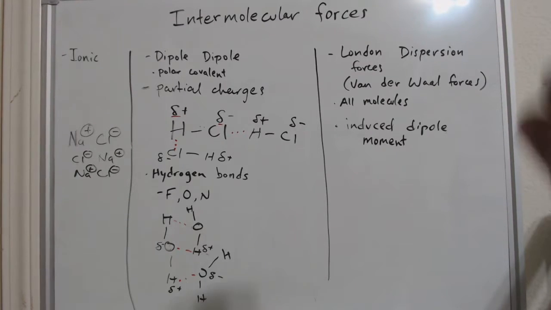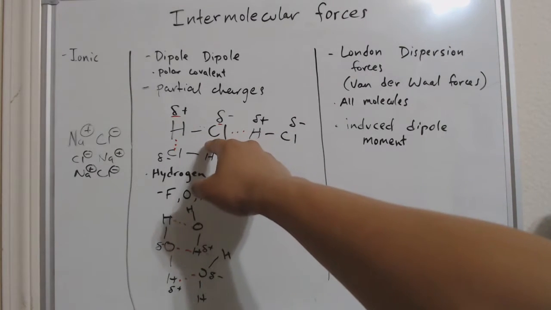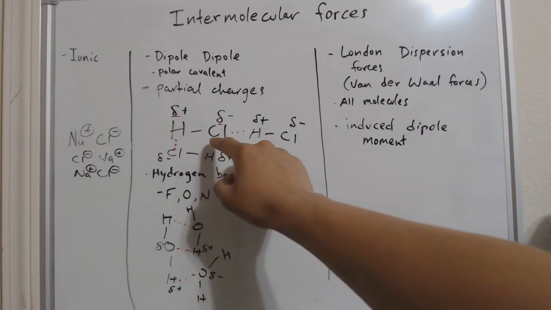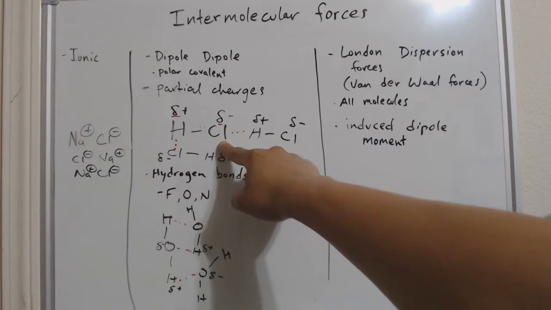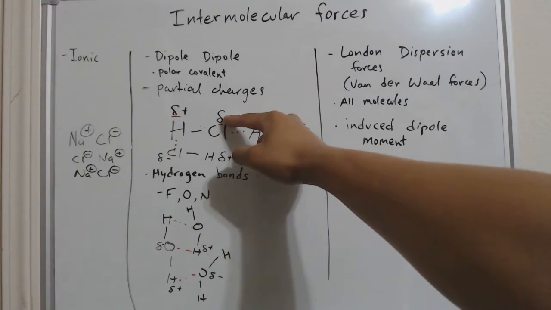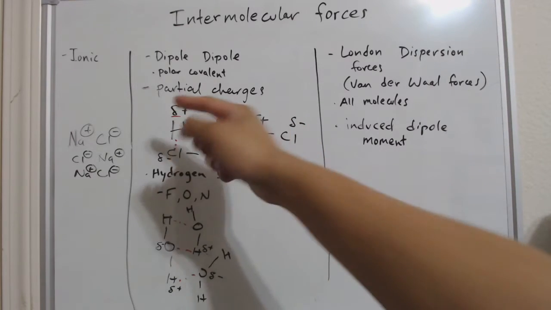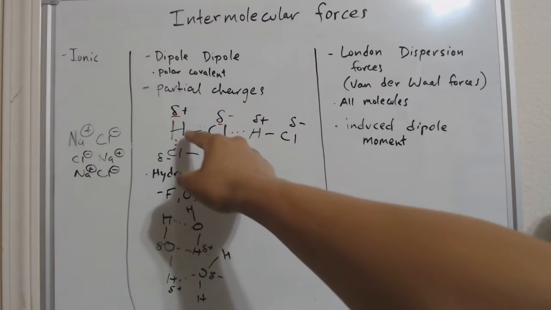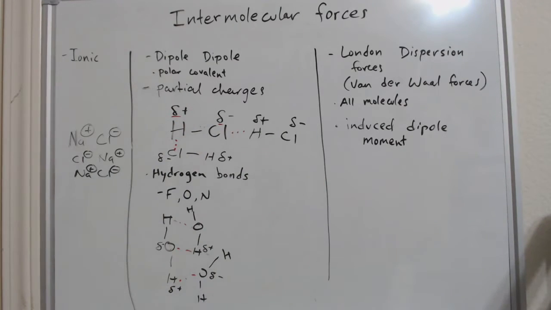That's because the chlorine is pulling the electrons towards its area. And if the electrons are a little bit closer to the chlorine, then there can be a partial negative charge. These symbols here mean partial charge. So there's a partial negative charge on chlorine, and that means there's a partial positive charge on hydrogen because it's losing a little bit of electrons on that area.